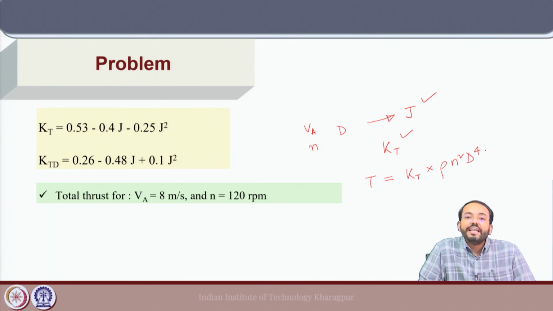So, for any advance coefficient value, we can calculate the total thrust as well as the thrust from the duct using this method.